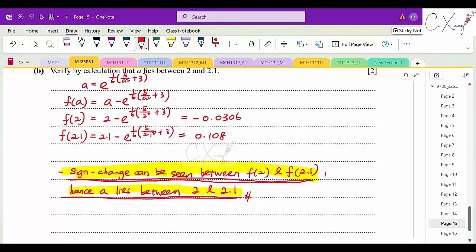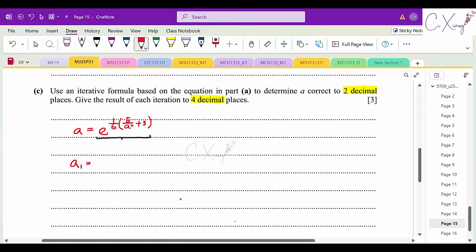If you want to choose any other value, you can just take 2 and 2.1 as reference points. You can start with any value that's close to these two. And of course, if you want to try a larger value you can, but maybe your iteration will be slightly longer. I'm not sure, but basically that's the idea. Usually you don't choose a value that's too far away from what they asked just now.